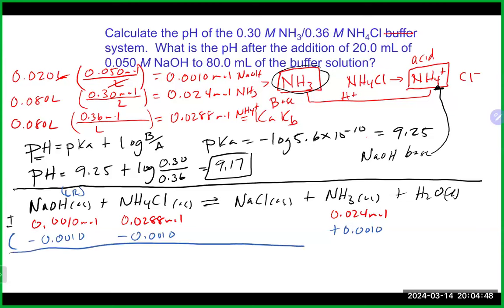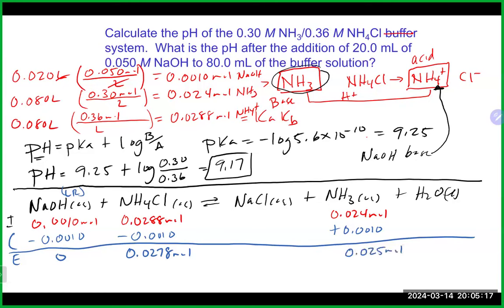At equilibrium here, we got 0, this guy, 0.0288 minus 0.001, 0.0278 moles. And remember, on the right-hand side here, we're actually adding, not subtracting, so make sure you do that.